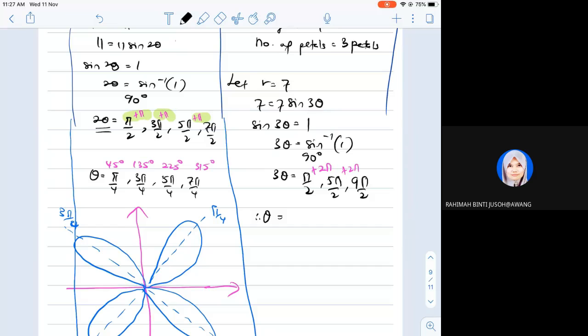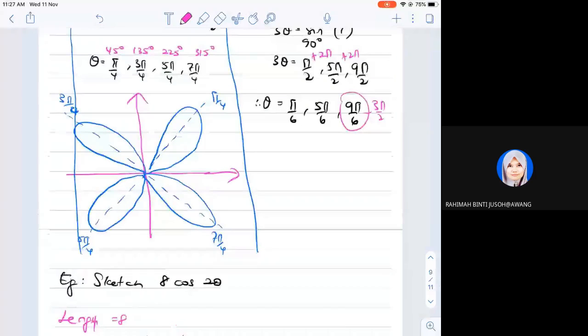Why did I stop at 3? Because we only have 3 angles. So we stop at the third angle. So we have pi over 6, 5 pi over 6, and then 9 pi over 2 divided by 3 gives 9 pi over 6, which is equivalent to 3 pi over 2.